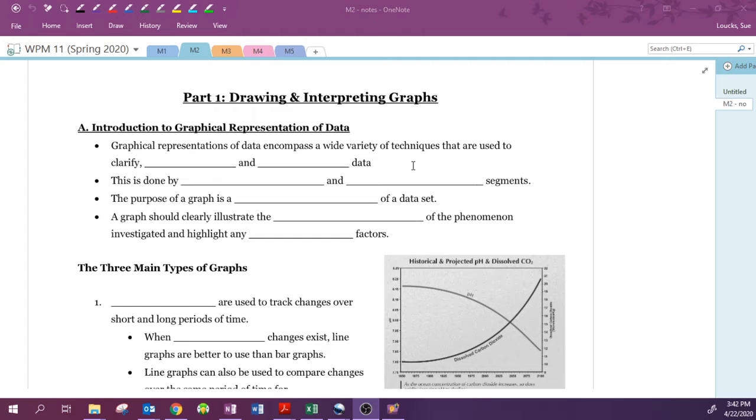Graphical representations of data encompass a wide variety of techniques that are used to clarify, interpret, and analyze data. It is done by plotting points and drawing line segments.